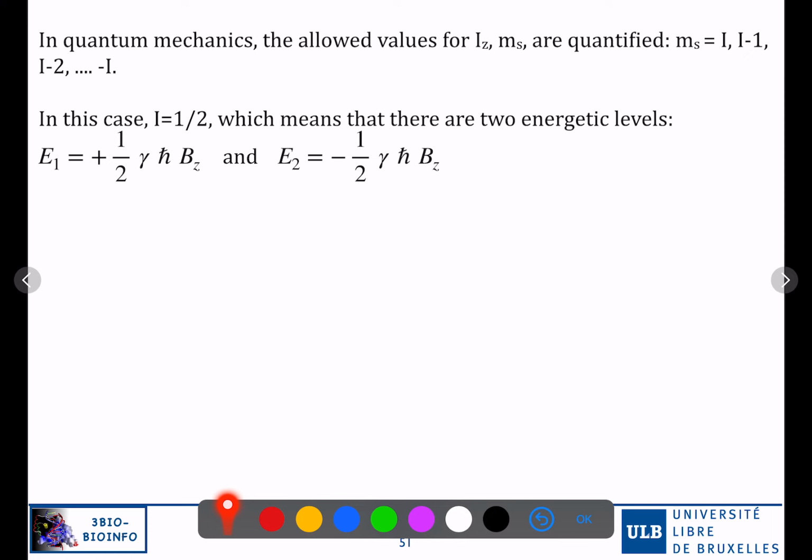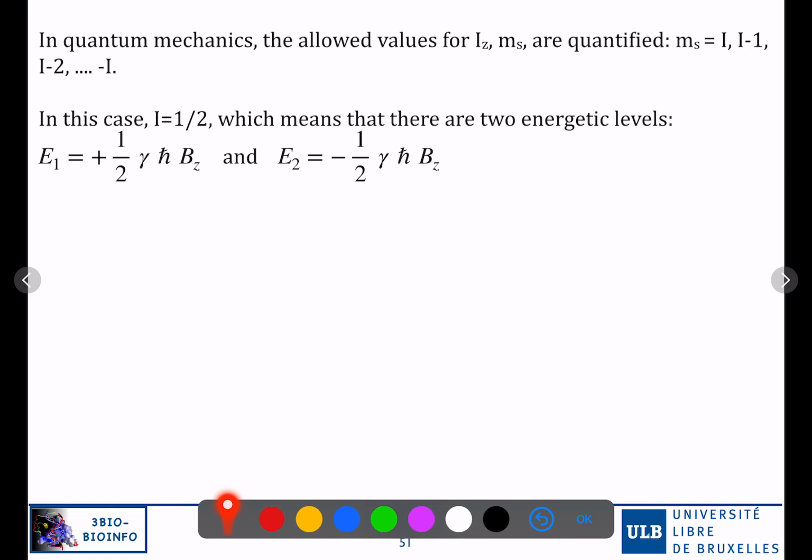And so there are two possible values for Ms. It's only 1/2 and minus 1/2 if you respect this equation.